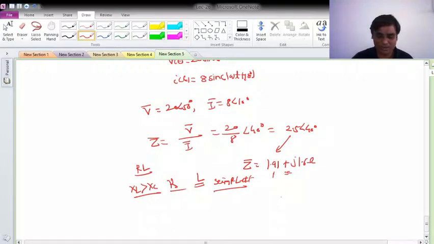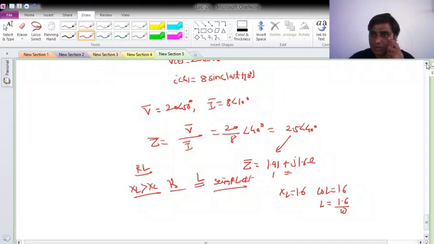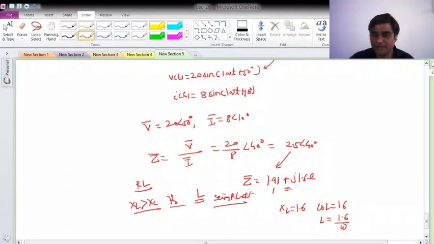And what will be the inductance value if that is the case? Suppose I am taking XL, so XL is 1.6. So omega L is 1.6, right? So L will be 1.6 upon omega. Omega here, from the signal, is 100. So L is equal to 1.6 upon 100, which is 0.016, or 16 millihenry.